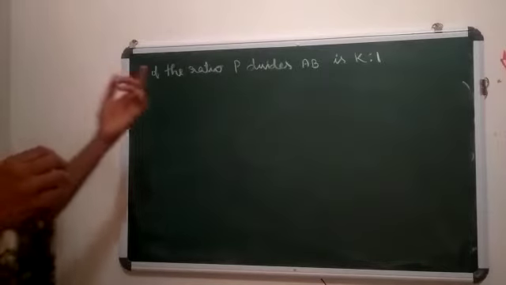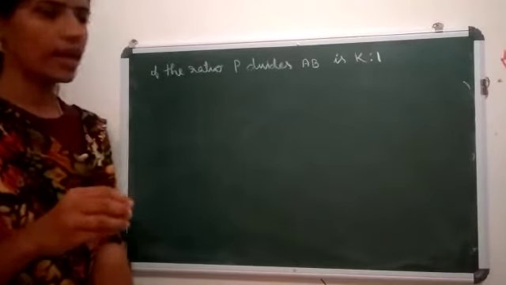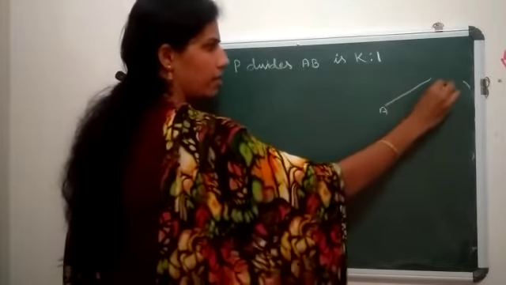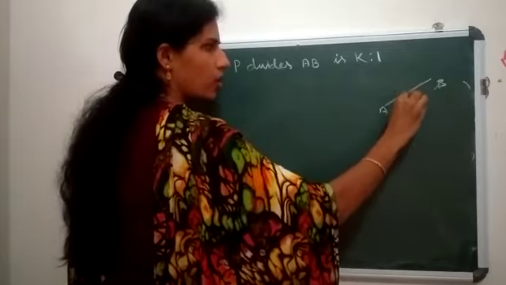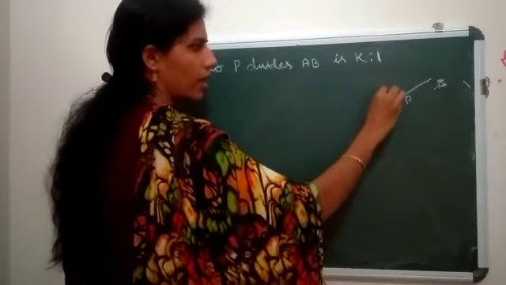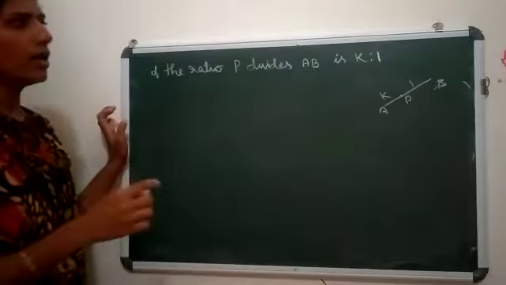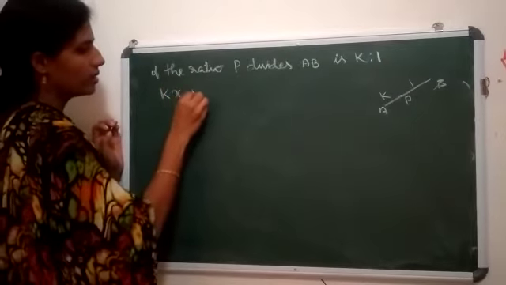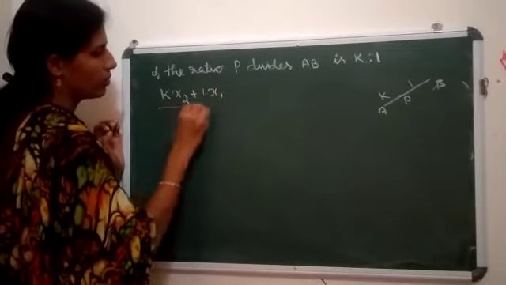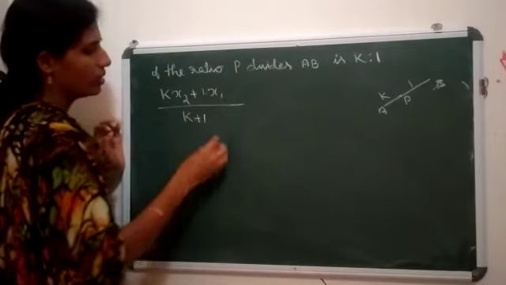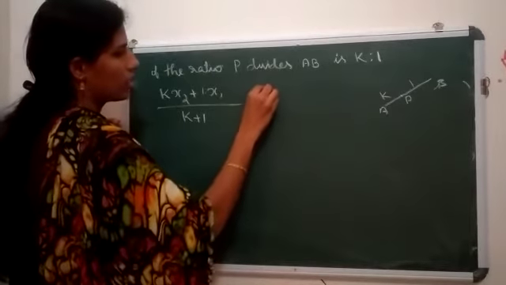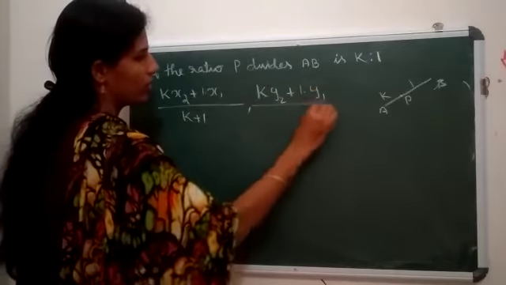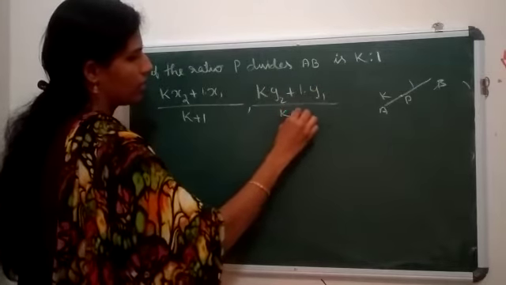If the ratio in which P divides AB is k is to 1, that means if this is the line segment AB and the point P divides the line segment in the ratio k is to 1, then our equation will be k x2 plus 1 into x1 divided by k plus 1, and k y2 plus 1 into y1 divided by k plus 1.